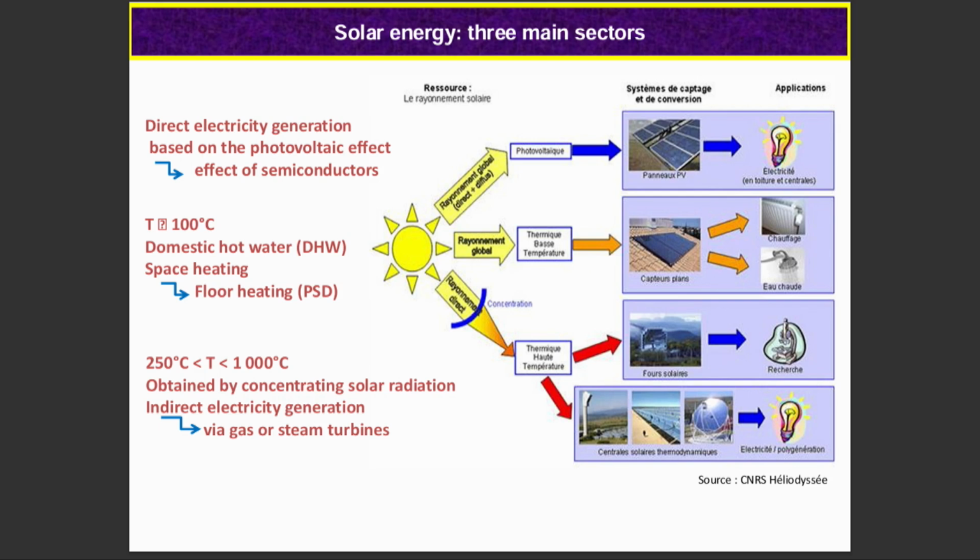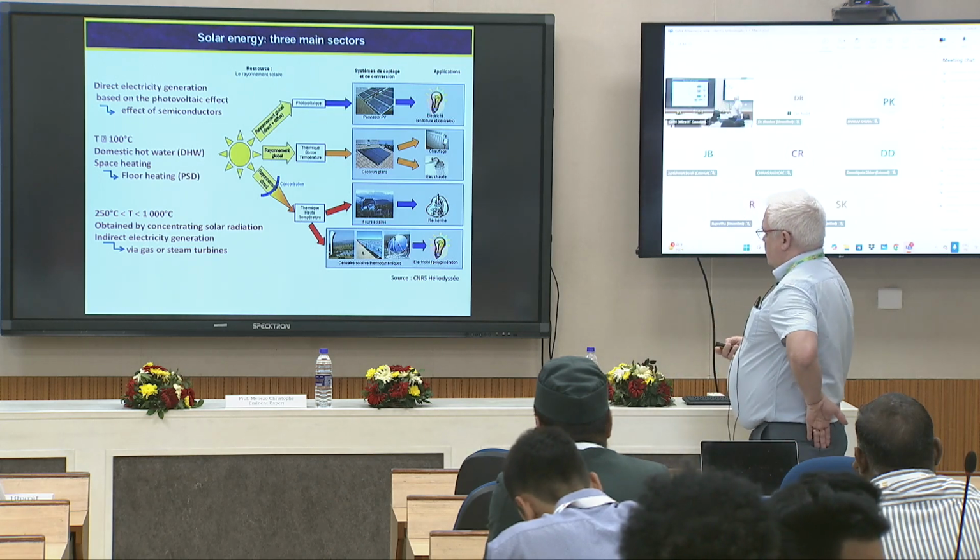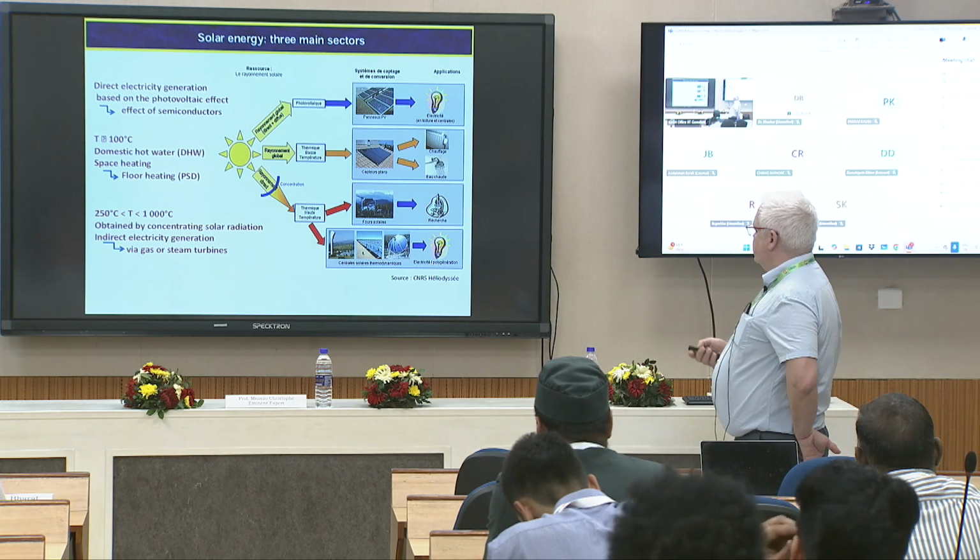When it is lower, it's hard to use it as an energy vector for generation of electricity, so we use it as domestic hot water or direct solar floor heating, things like this.